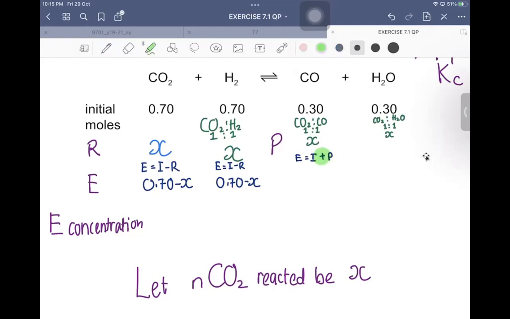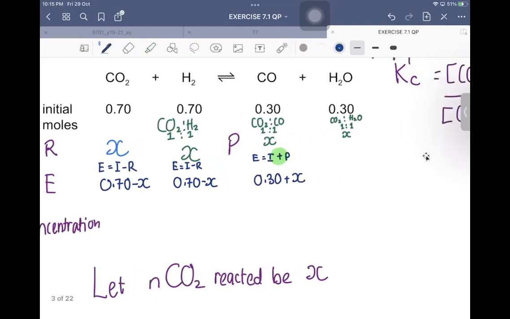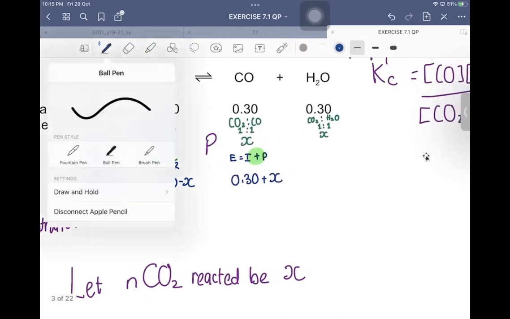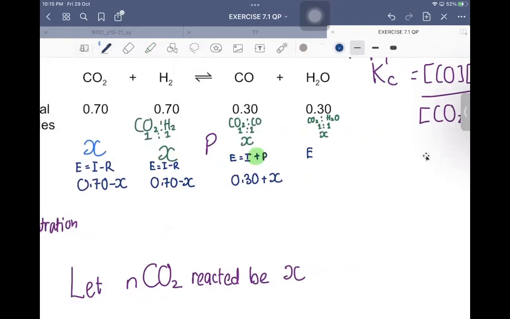So that's 0.30 plus X. Same for H2O. At equilibrium is equal to initial plus produced.